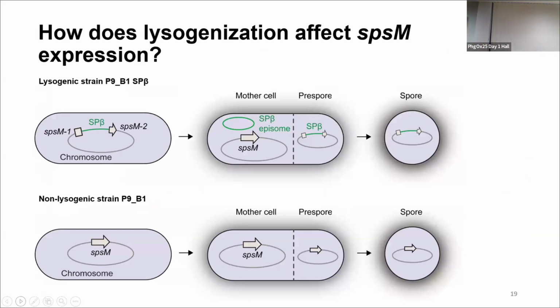And then we had another question. Basically, how could this lysogenization affect SPSM expression? For this, we were using 2 different strains. One was the lysogenic strain, P9B1 carrying SP beta, and one was the one that didn't carry this phage.